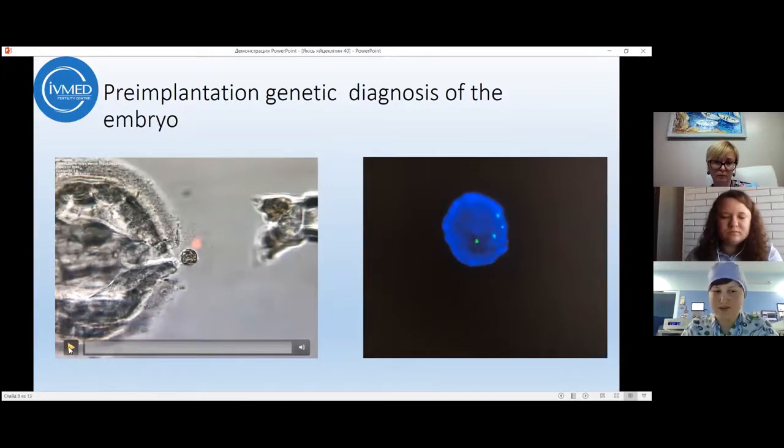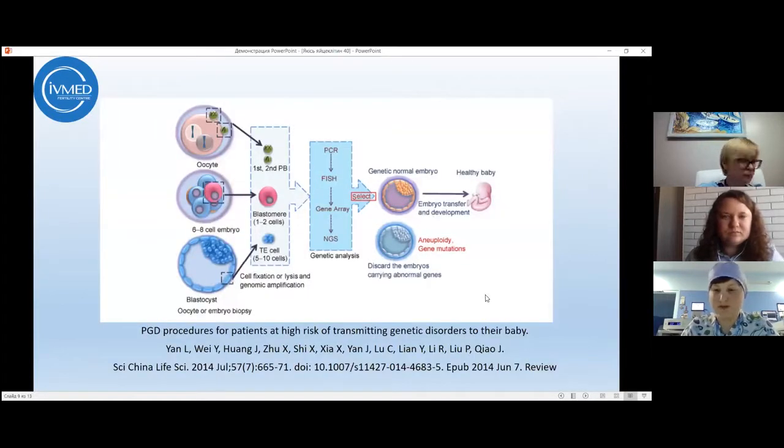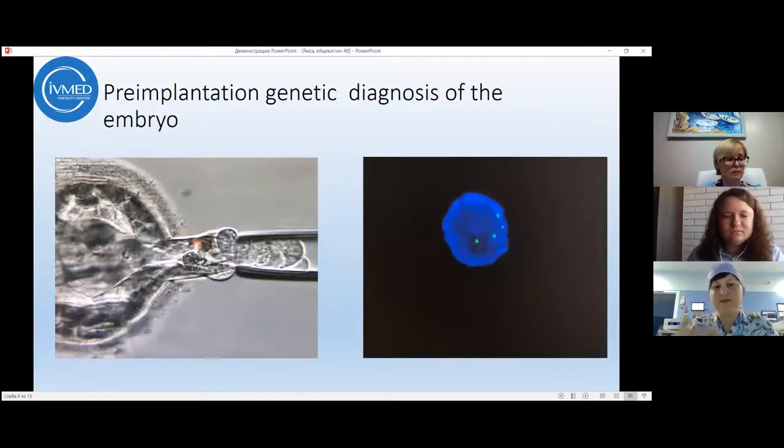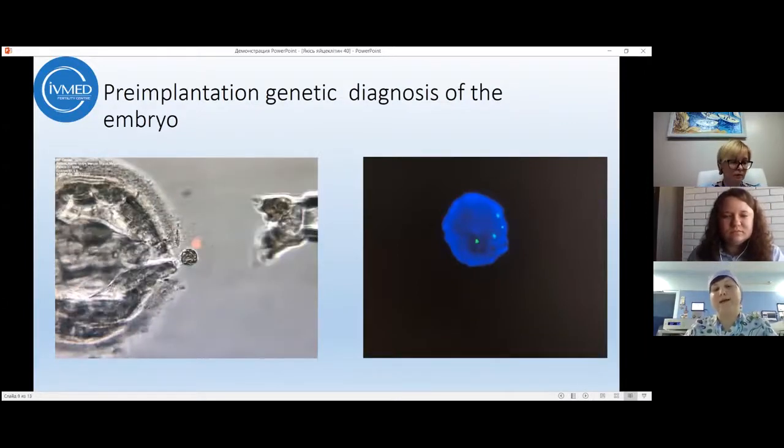It's a short video, but during this biopsy we take 5 to 6 cells from this embryo, and our genetic lab can check the chromosome set.